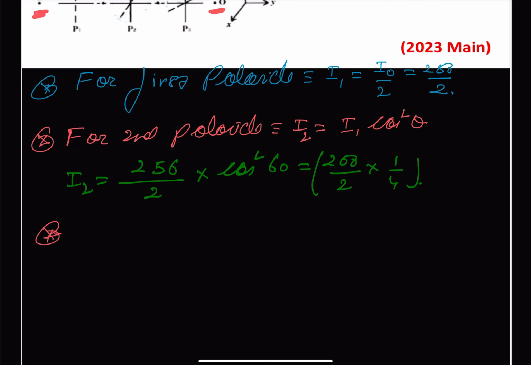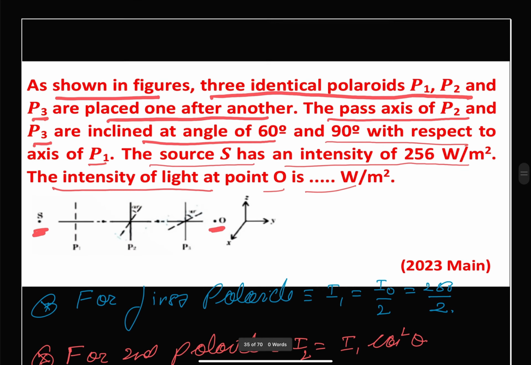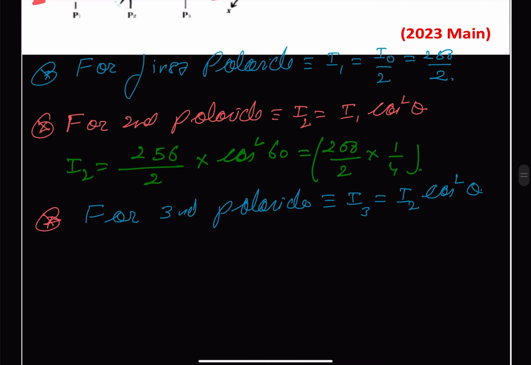So for third polaroid, I3 will be equal to I2 times cos square of theta. Here theta is our 90 degree, but the angle of 90 is given to the axis of P1. Okay. So here this theta angle will be between the polaroid third as well as polaroid second.